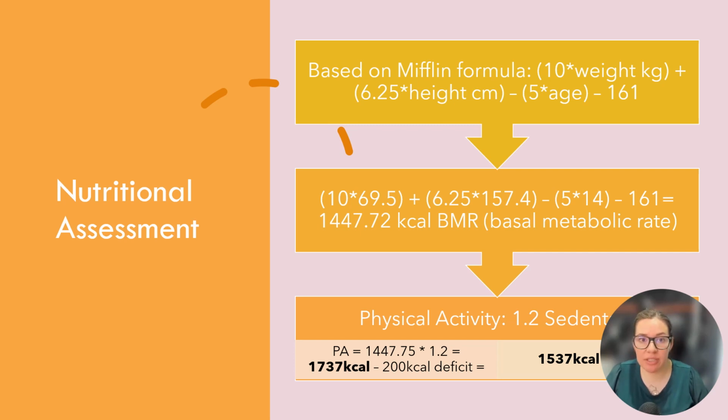But we want the patient to lose weight, so we add a 200-calorie deficit. It gives us 1,537 kilocalories. So these calories will be ideal for her. That way she can start losing weight and change her habits.